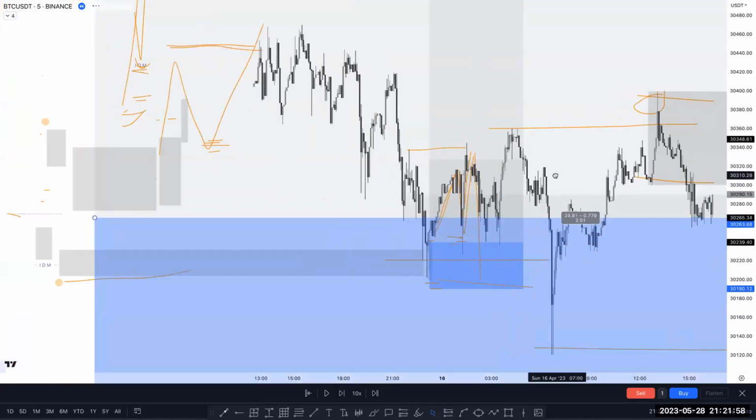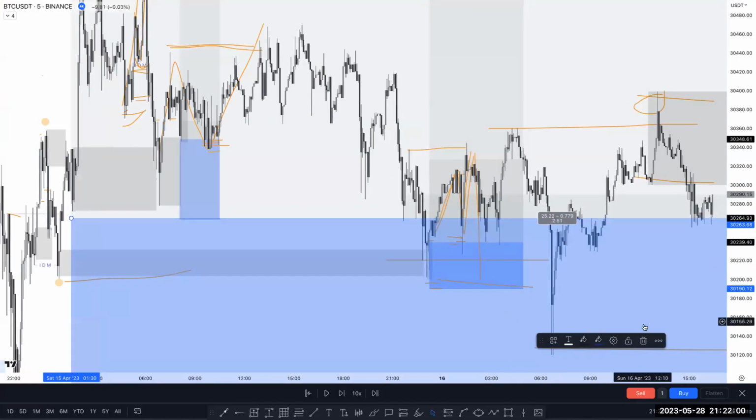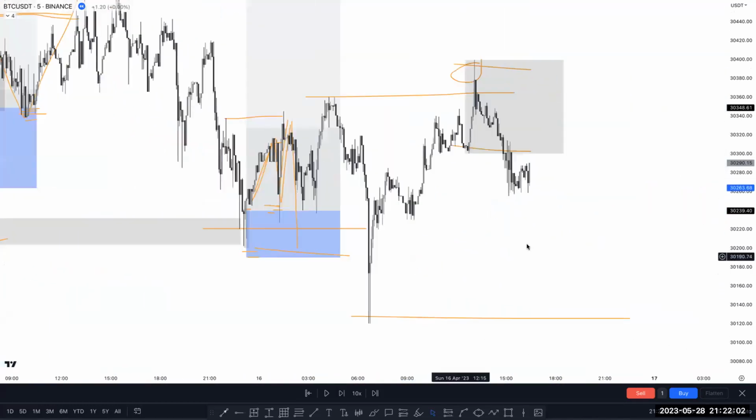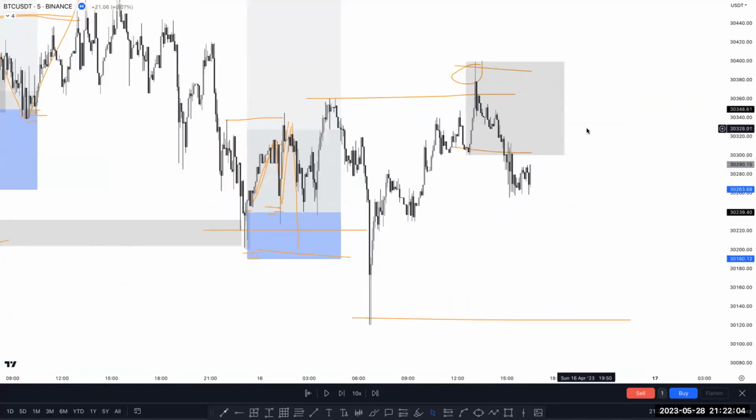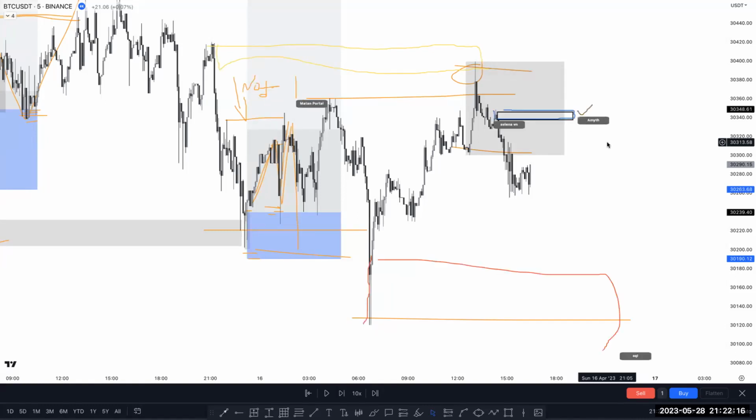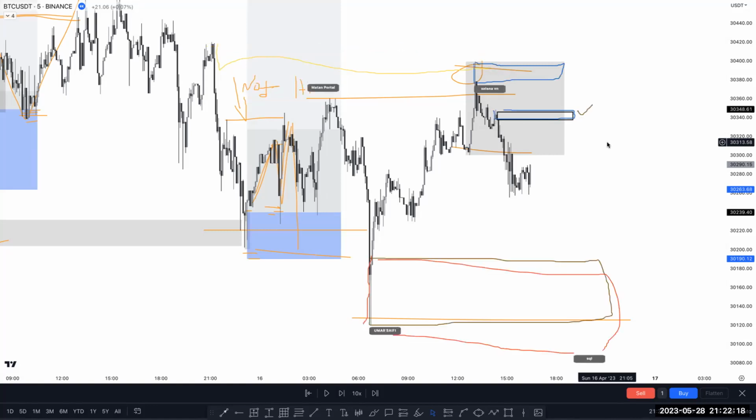Wait for it to mitigate. In this case, you can see how many unmitigated order blocks there are, and when you are looking for the buy and sell. At which point are you looking for a sell?